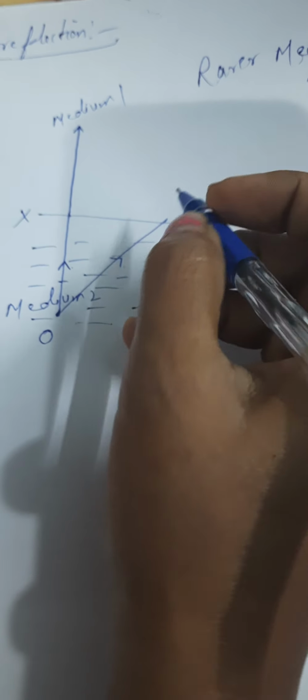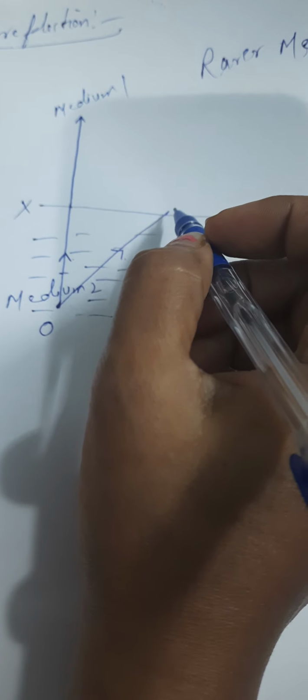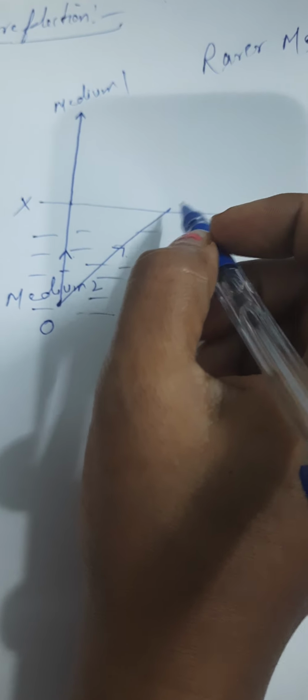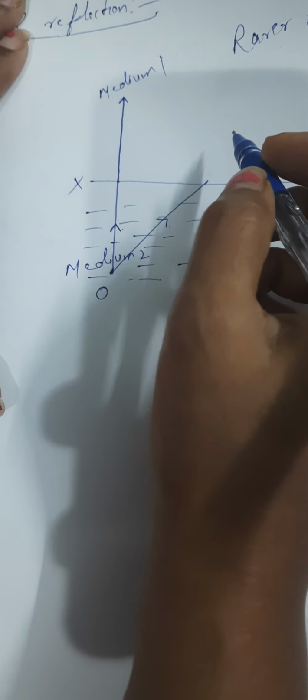Let me take the second course of ray. This second ray is incident on the interface, and all of you know that in case of refraction, when a ray travels from a denser to a rarer medium, it bends away from the normal.